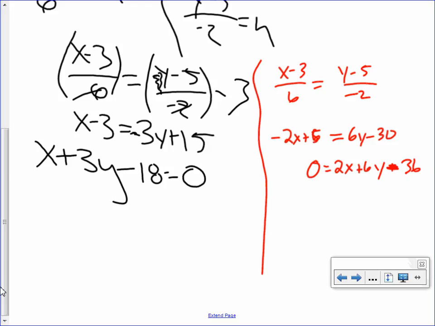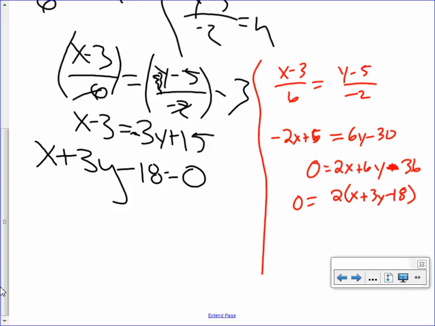That's the scalar. So there's a scalar of 2. It's just x plus 3y minus 18. So again, these are the same because they're just scalar multiples. So either this one or this one would be a Cartesian equation. The scalar doesn't affect the equation.